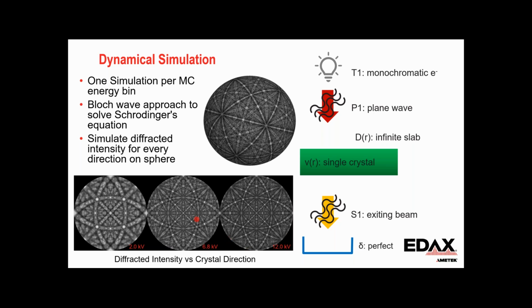You can see as you go to lower voltages, the bands are getting wider. This uses a Bloch wave approach, and you basically start from the depth that you got from the Monte Carlo simulation and do the Bloch wave approach to get the diffracted intensity, and you do it for every crystal direction in a grid of directions.